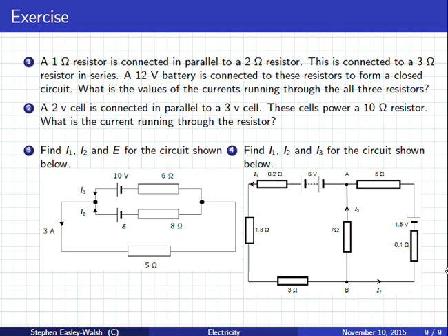Now, can anybody tell me what they think the meaning is of this because of the minus? If I go back to my picture here, my answer for I1 is minus. Why? What do you think that means in the diagram? So the direction will be the... Correct, very good. That I1 is minus means my picture is wrong.